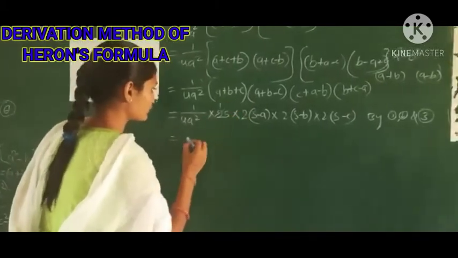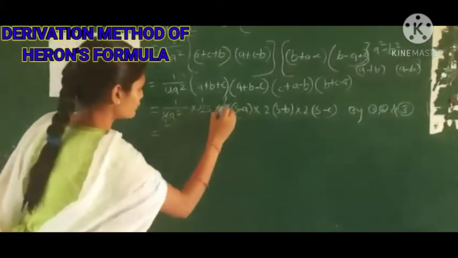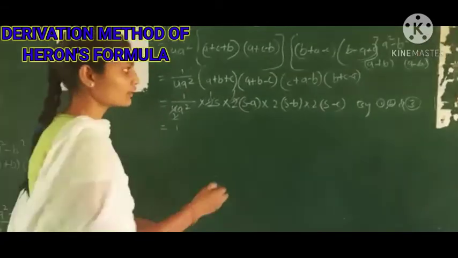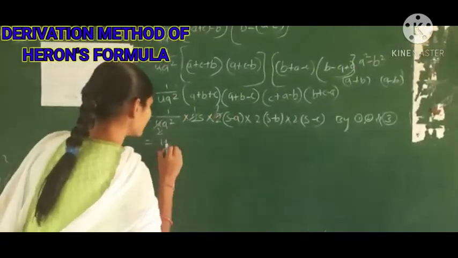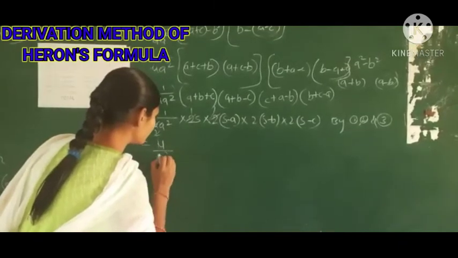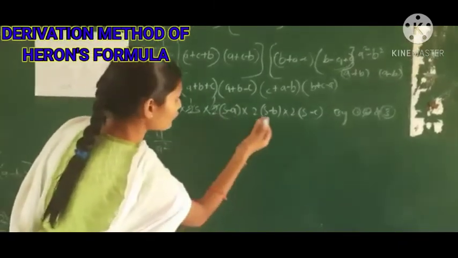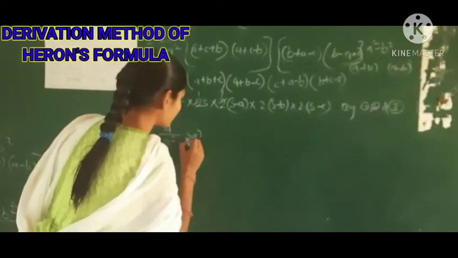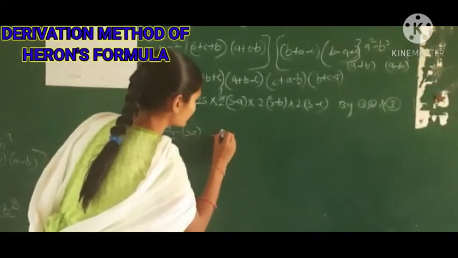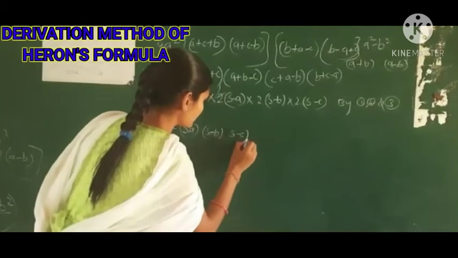Cancel that 1, 2, 1. 2 into 2 we get 4. So 4 into 1, 4 by a square, and the remaining part we get S(S minus a)(S minus b)(S minus c).